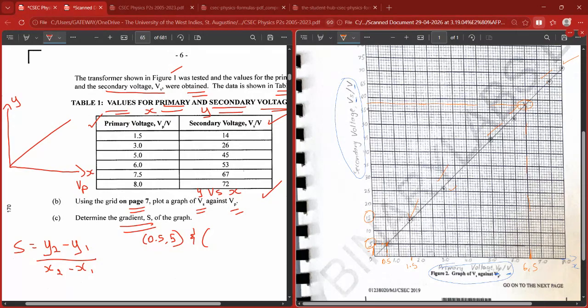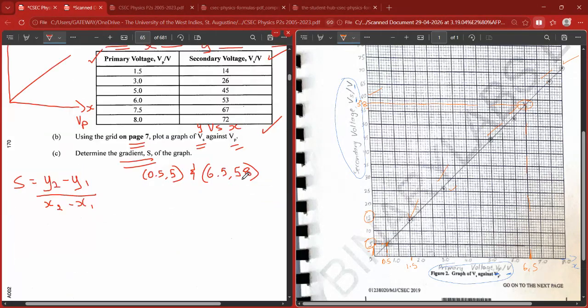This is 56, 57, 58. So I will say it is 58. So the x is 6.5 and the y is 58, because it's just below 60. So we use these 2 points to get the gradient.